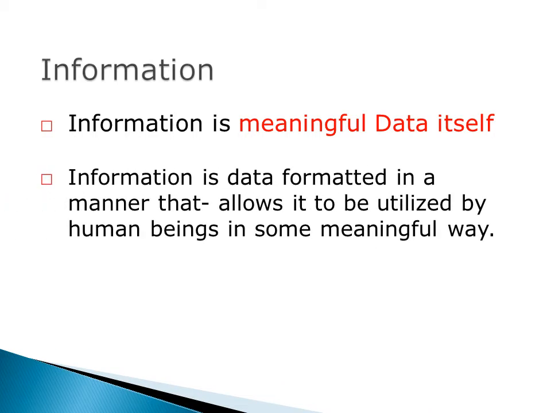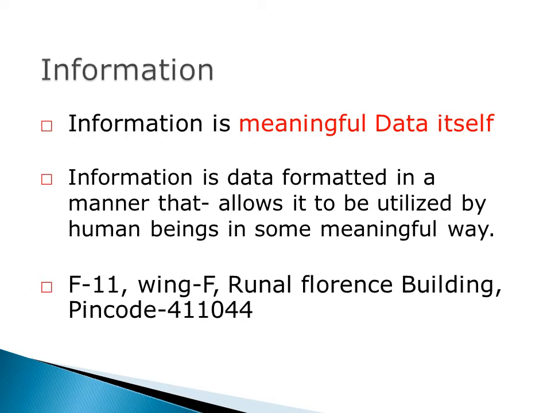Information is data formatted in a manner that allows it to be used by human beings in some meaningful way. In that same manner, that example is now suitable for showing the information of the particular address of a person.